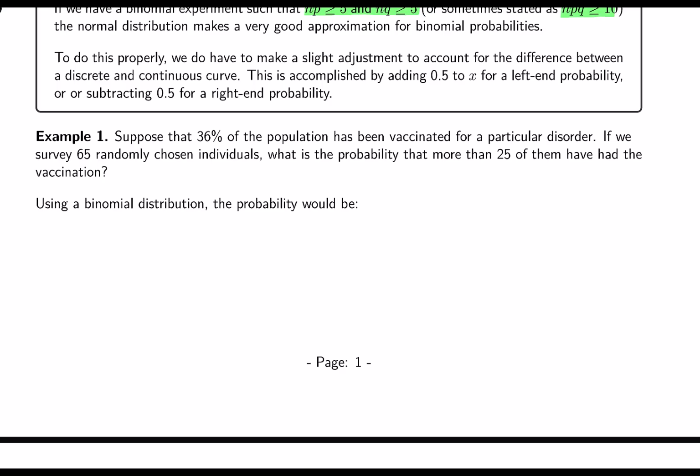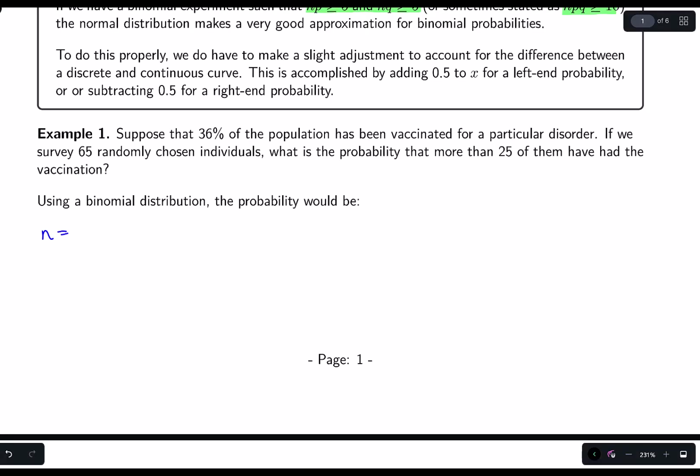Okay, so we'll start using binomial distributions. All right, so either someone's had this vaccination or they haven't. We're picking people randomly, so these should be independent trials. And we have a fixed number of trials. We have 65 that are being surveyed here. So the number of trials is 65.